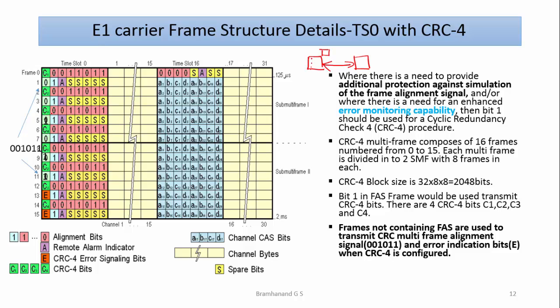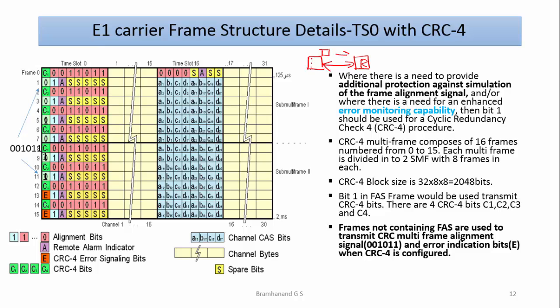So C1, C2, C3, C4. So these are all the bits which have the data which get transmitted within the next frame in fact.